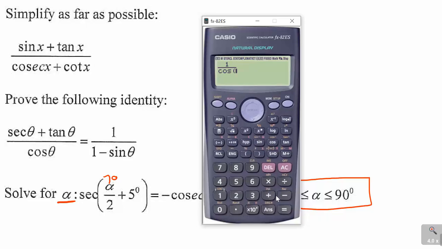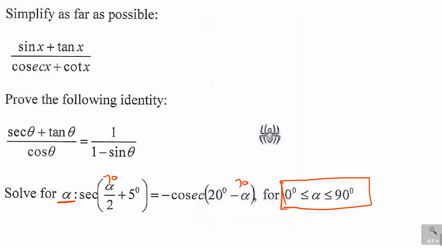That's how you have to enter your sec. But now it's alpha, 70 over 2 plus 5. So we have to find out what my left hand side is. You can see that my left hand side is giving me 1.305.